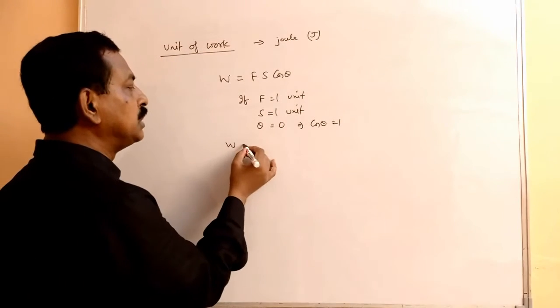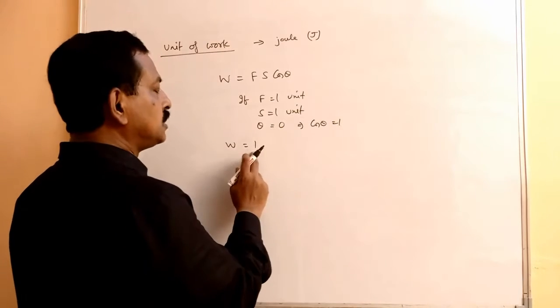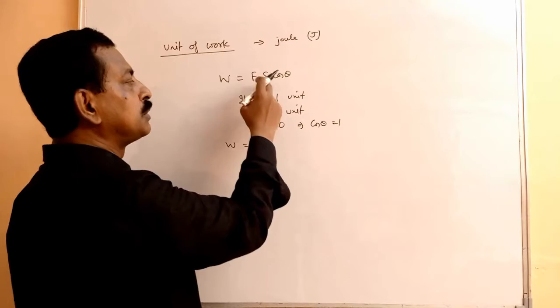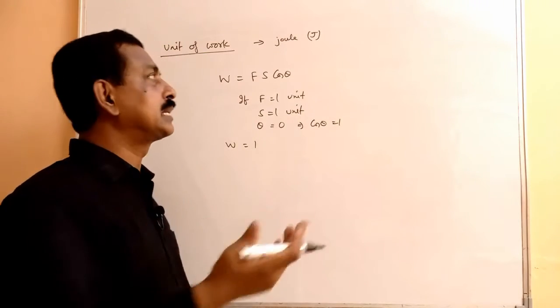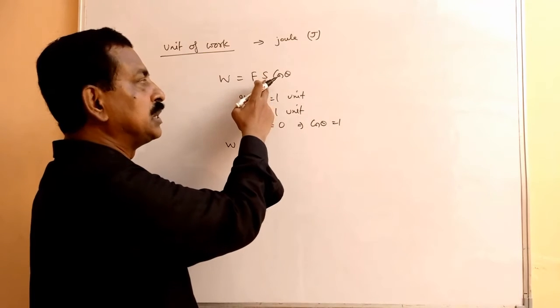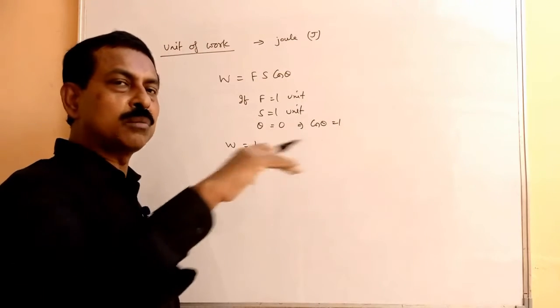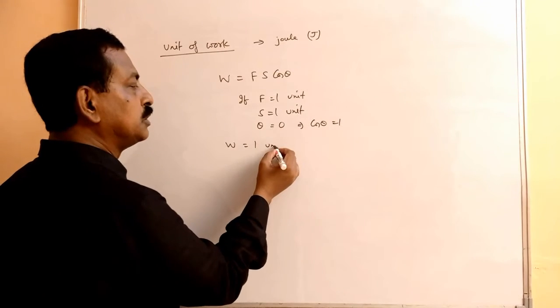Then W will be equal to 1. In the SI system, force is in Newton and displacement is in meter, so this is 1 joule if the force displaces a body through 1 meter.